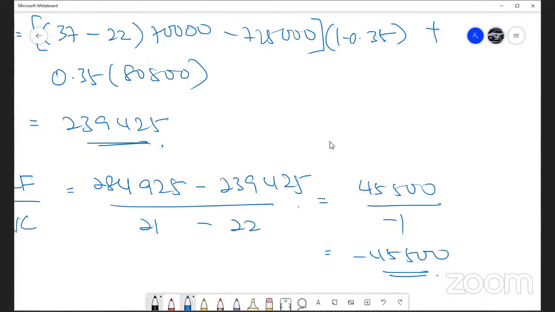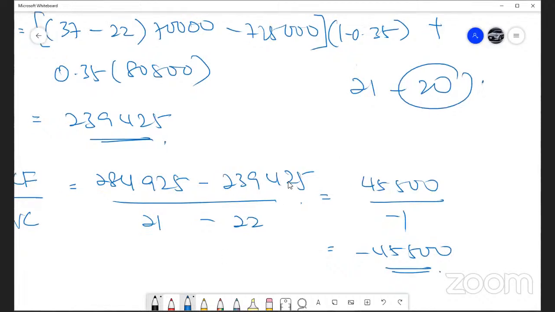But let's say the question is asking what happens if there is a $1 decrease in estimated variable cost. So instead of 21, it becomes 20, a drop by 1.